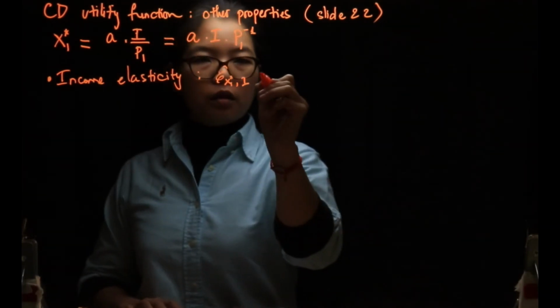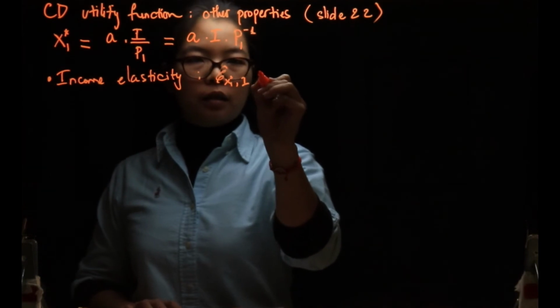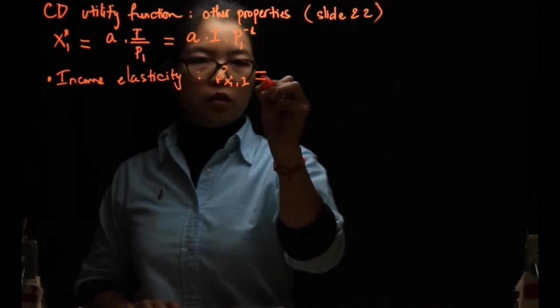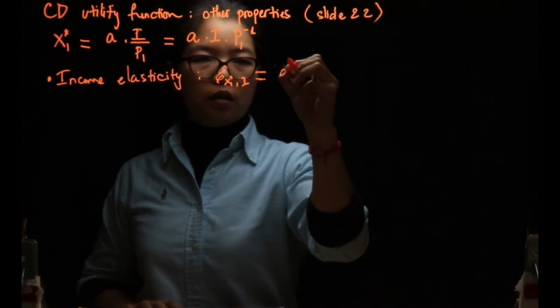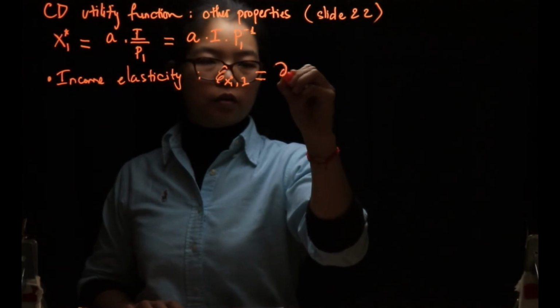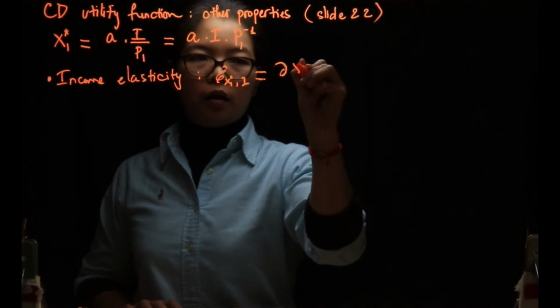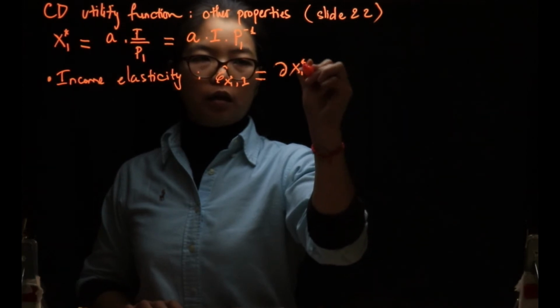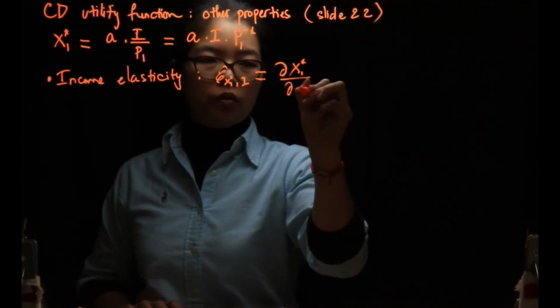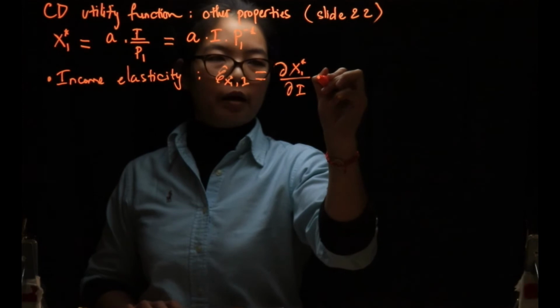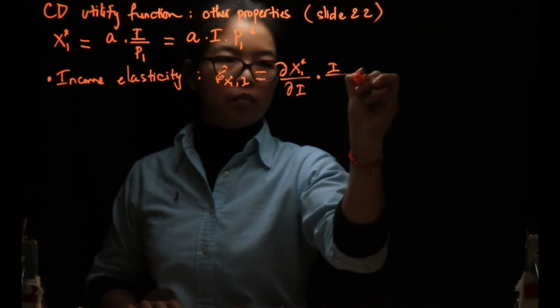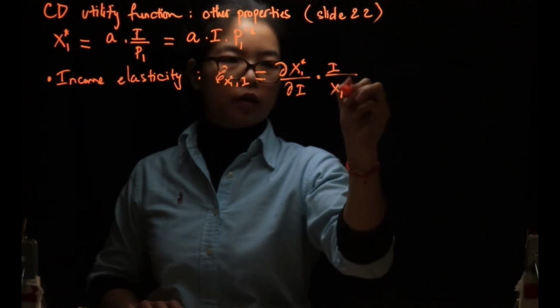So this income elasticity is, by definition, the derivative of x1* with respect to income times income over x1*.